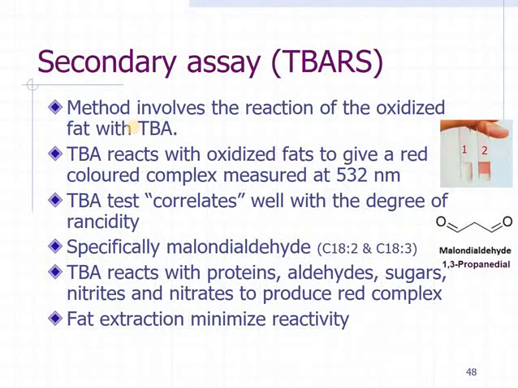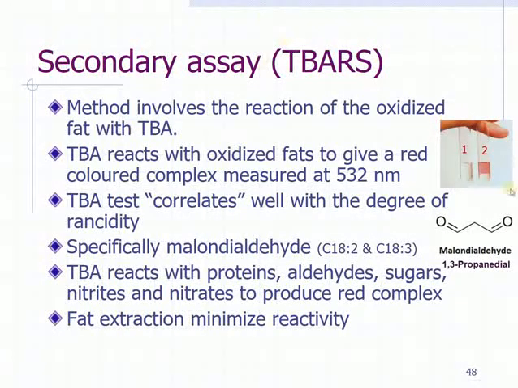But in terms of your TBA or TBARS method, this method involves the reaction of your oxidized fat with TBA. TBA is an acid, thiobarbituric acid. When TBA reacts with oxidized fats, it gives a red complex.